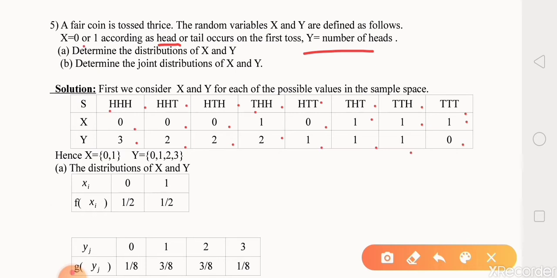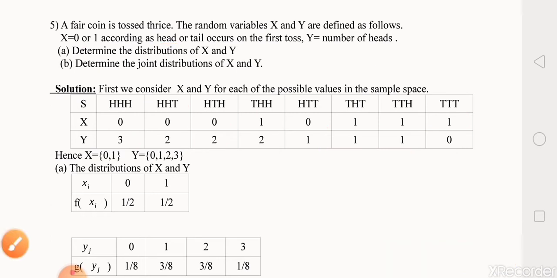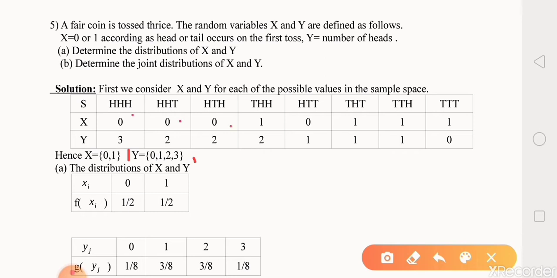Now we will write X and Y as a set. If you look at X values, we have two values for X, 0 and 1, and Y is 0, 1, 2 and 3. Now we will consider distributions of X and Y. X equal to 0, we have 4 out of 8 values.